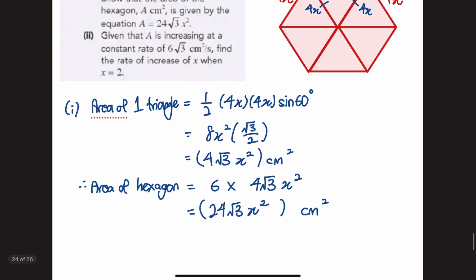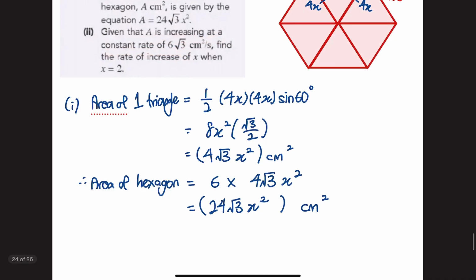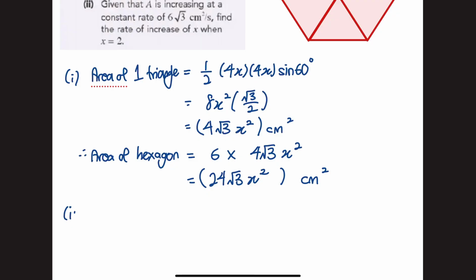Alright, so now let's look at the next part. Given that A is increasing at a constant rate of this, so we are given information by the question, I would like to write it down to be clear. Given dA over dt is equal to 6 root 3 cm squared per second. Find the rate of increase of x.